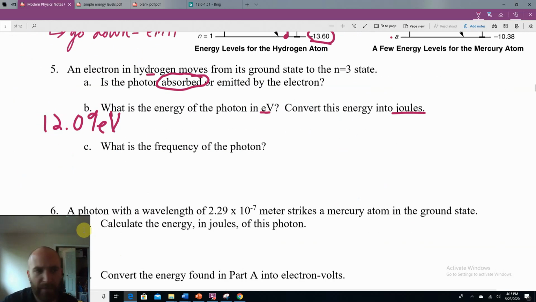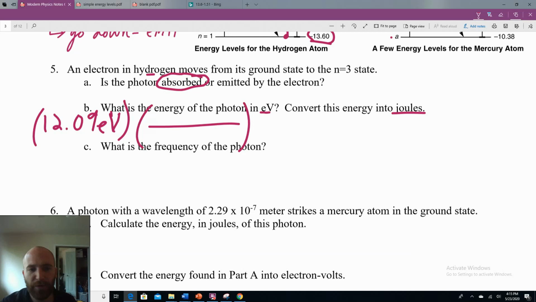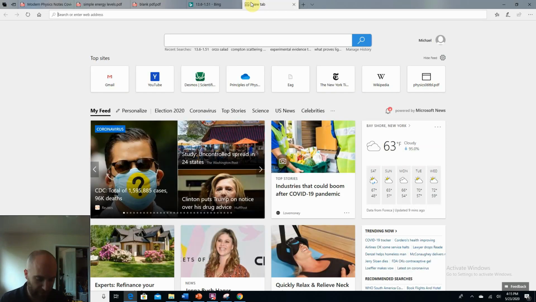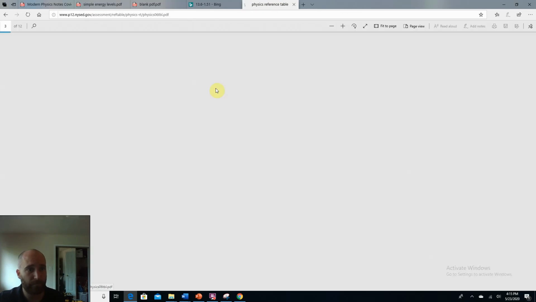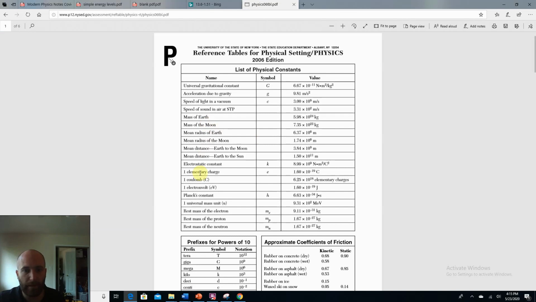So, let's do that. To do our conversion, we write out the number that we already had. We're going to multiply by some fraction so that electron volts will cancel out. To do that, I think we want electron volts on the bottom and joules on the top. And if you forget what the values are, you can go to the physics reference tables. 1 electron volt is 1.6 times 10 to the negative 19 joules.